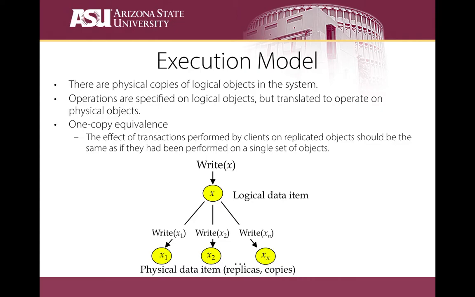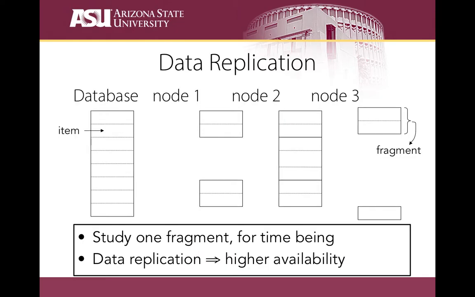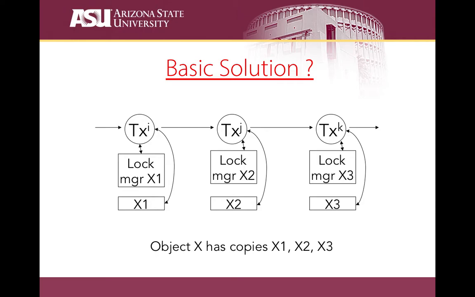Because it's the same. The very simple way to do that is to assume that whenever I'm doing a write X, the user asks, for example, for an exclusive lock on X. When the user asks for an exclusive lock, I, as the system, will lock x1.